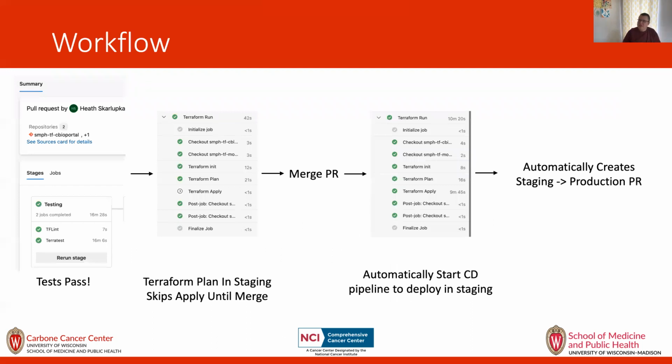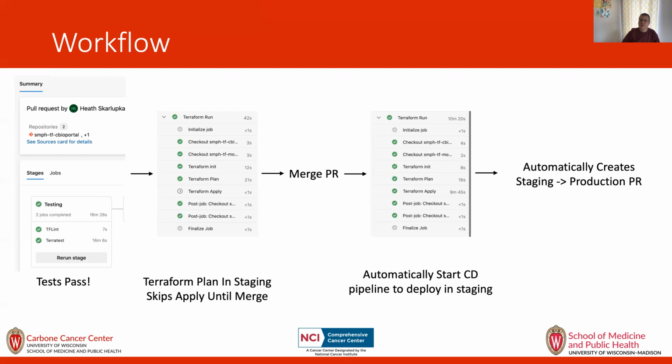So, like I said, the tests pass, and what our pipeline will do is run a Terraform plan in the staging environment. And you'll notice that for now, it skips the apply step. That's because we want to give engineers a preview of the changes that are going to happen in staging or production.